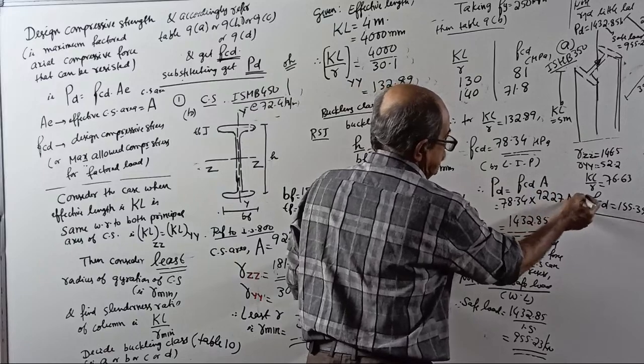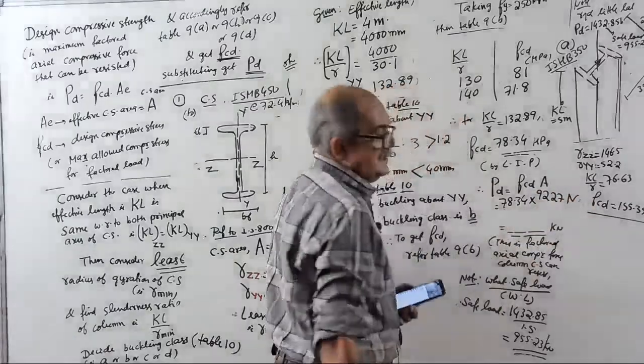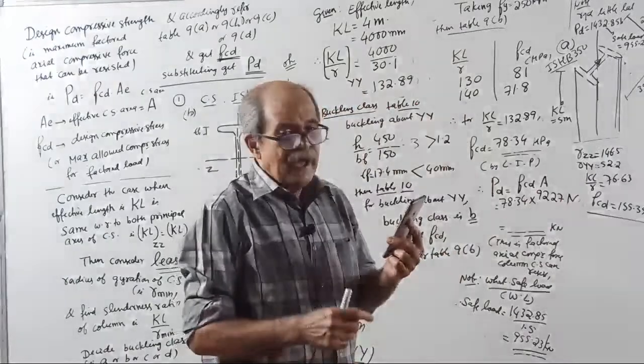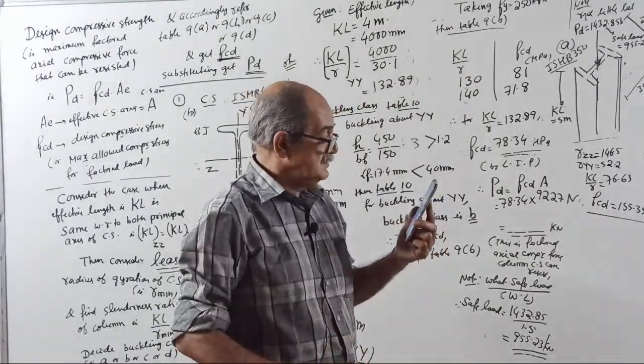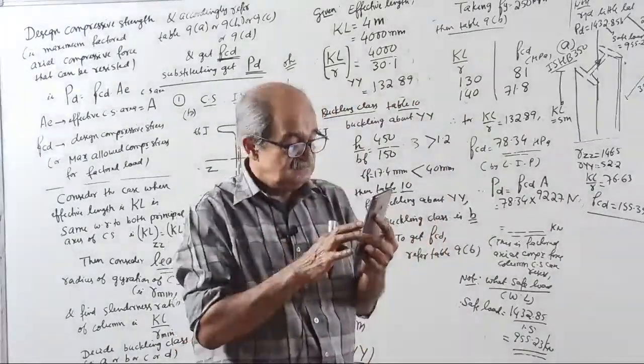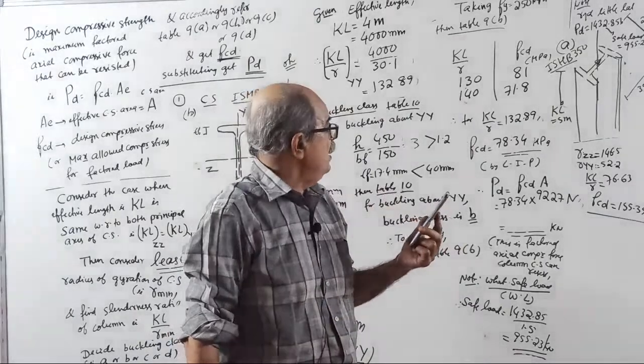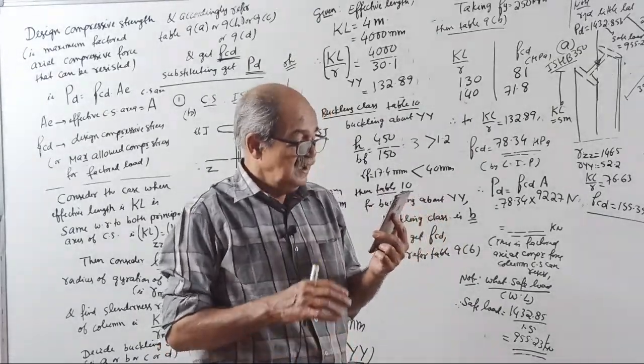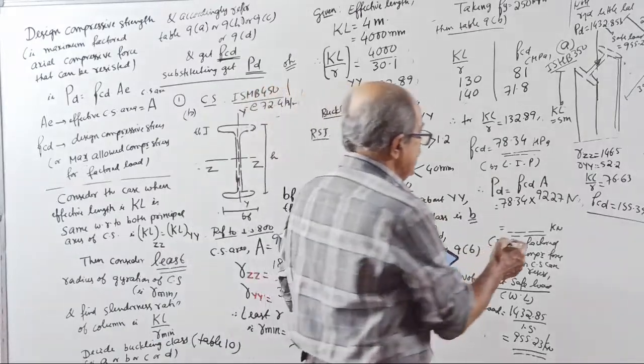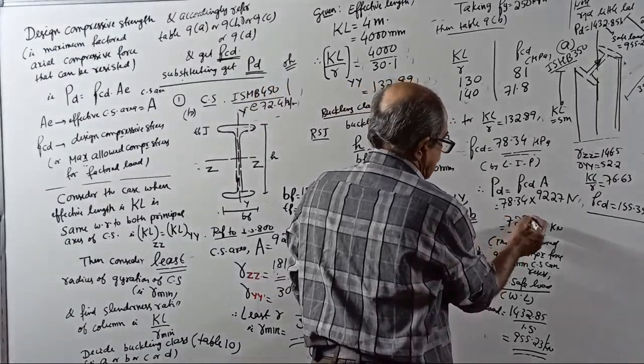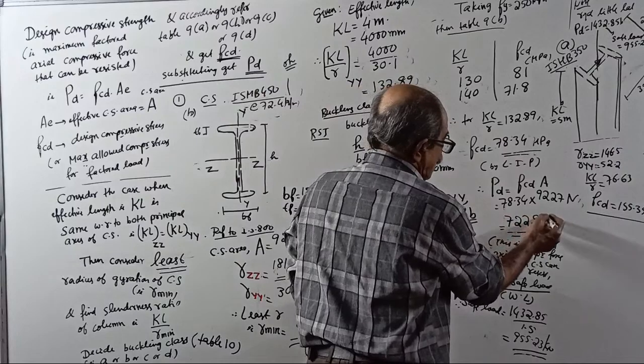It comes in Newton. Tell the value in kilonewton. 78.34 into 9227 is 722.84 kilonewton.